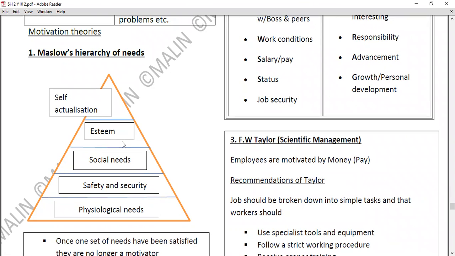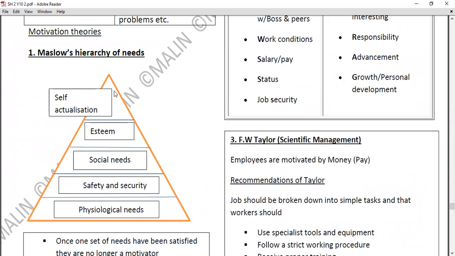Esteem needs are like job satisfaction, like esteem coming from a company-maintained vehicle, your own personal vehicle, or a nice house. Your title also comes under esteem needs. So that's a higher-level need. And the top of the pyramid is the self-actualization needs, which you can sometimes call spiritual needs.